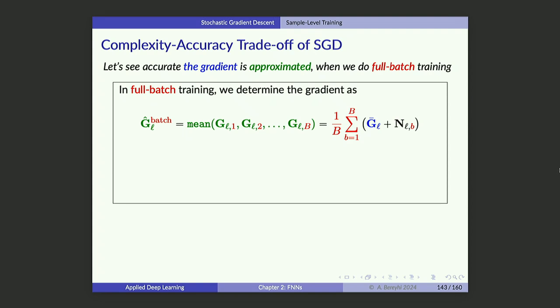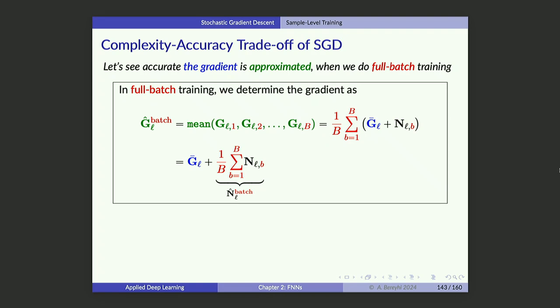Because that one is fixed. It's not changing, so it's a fixed number. You add it up b times to itself, it's b times that, and then you divide it by b, so it's the gradient itself. So what comes out is this G bar itself, the true gradient that you want, plus the average of the noises.